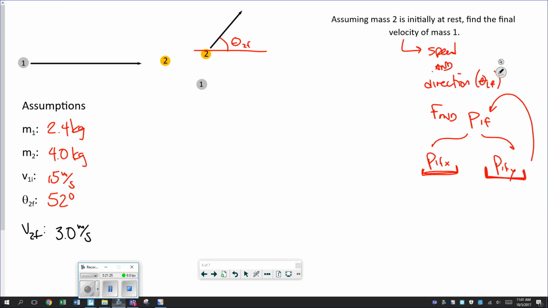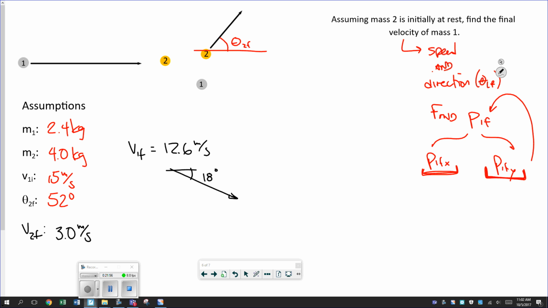The answer is that V1 final is 12.6 meters per second, with this angle being 18 degrees. So that's the answer. So see if you get there.